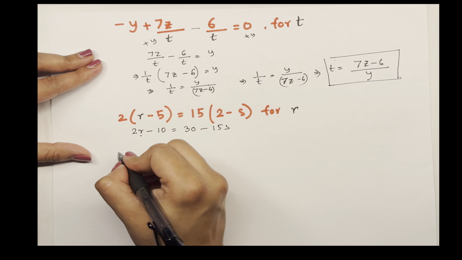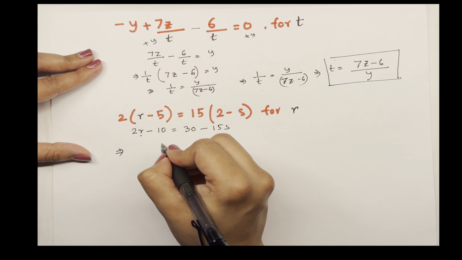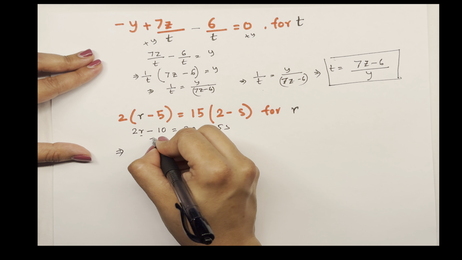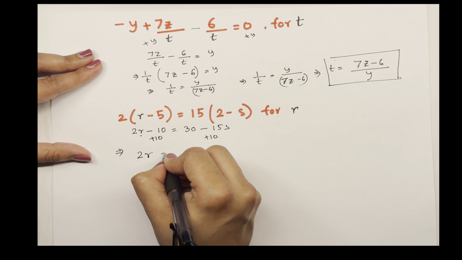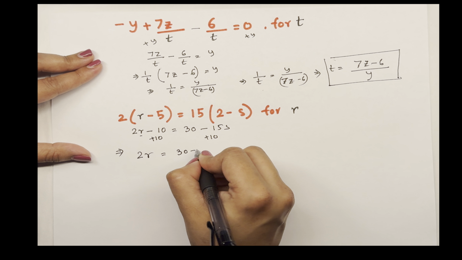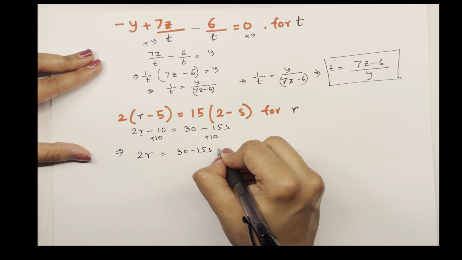Our R is here. So just get rid of minus 10 by doing plus 10 on both sides. 2R equals 30 minus 15S plus 10.